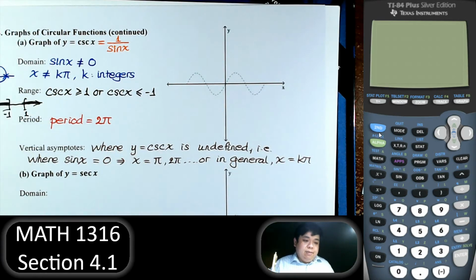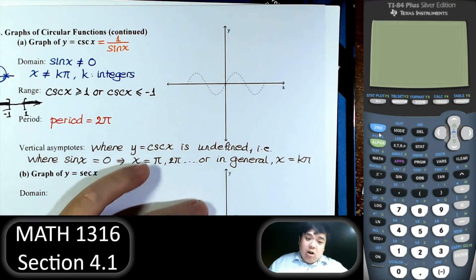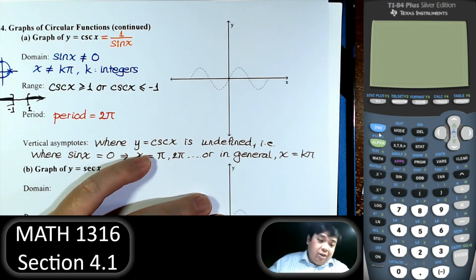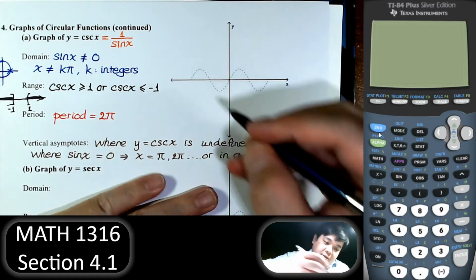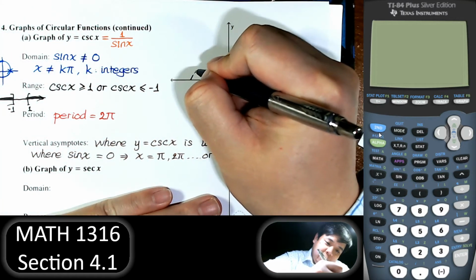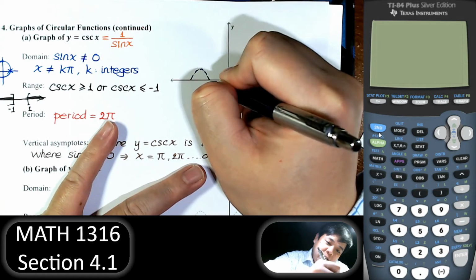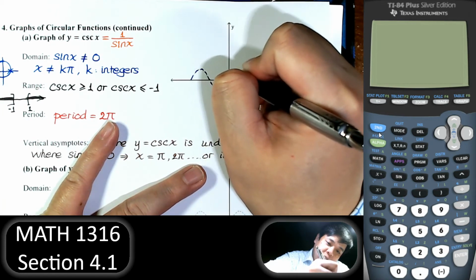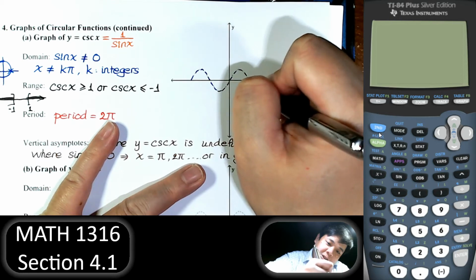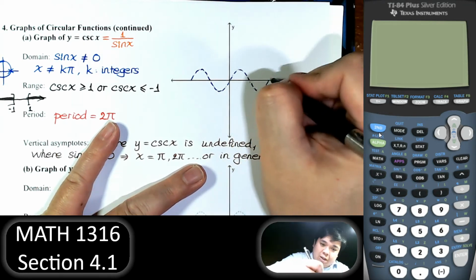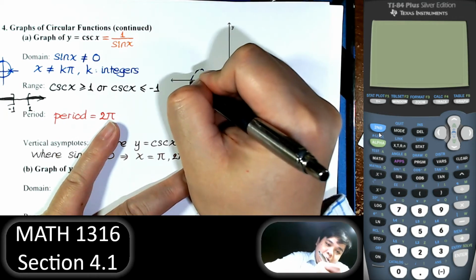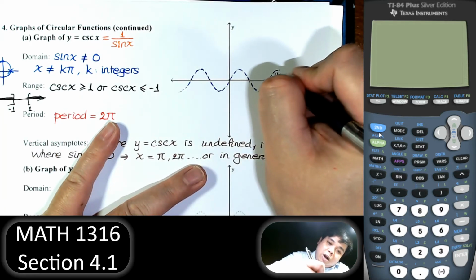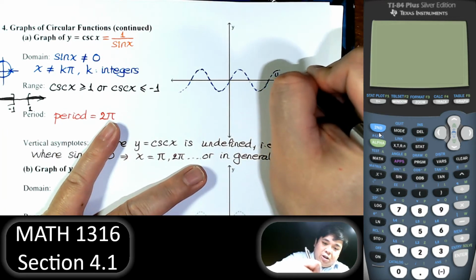Okay. And the pattern will be very, very easy. When we try to graph the cosecant or secant, first we graph the reciprocal function. So the first thing I do is graph y equals sine x. This is y equals sine x. This is not part of the graph, so just draw it as a dashed line. This is the reciprocal function, sine x.